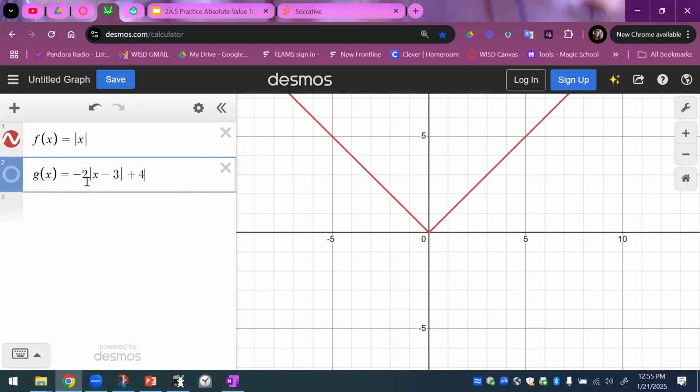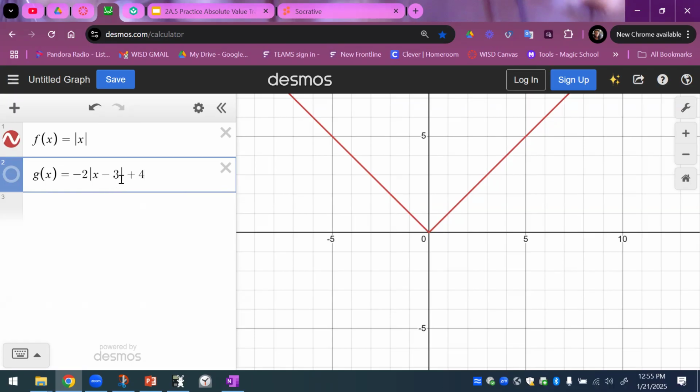Then now I'm going to look at the 2. The 2 on the outside tells me it's going to be a what? Multiply by 2, which means it's going to do what? Am I stretching or compressing? I'm getting skinny. So that's going to be a vertical stretch. Next, I have on the inside x minus 3.